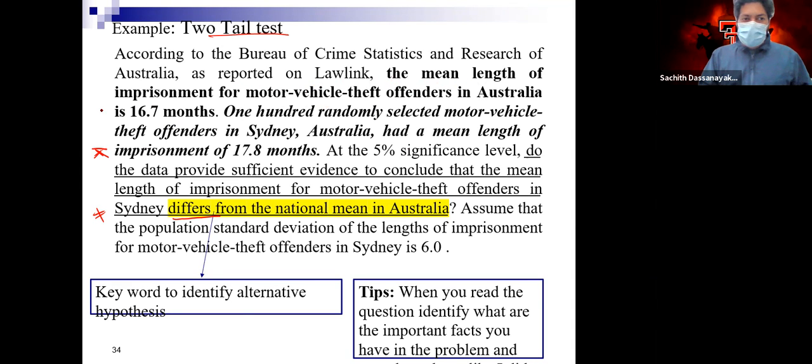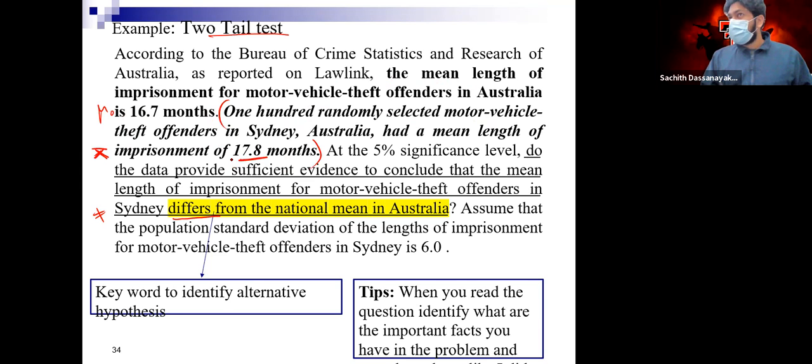This is your mu naught, what the researchers are talking about. This is 100 randomly selected, from the sample, so this number is your x bar.